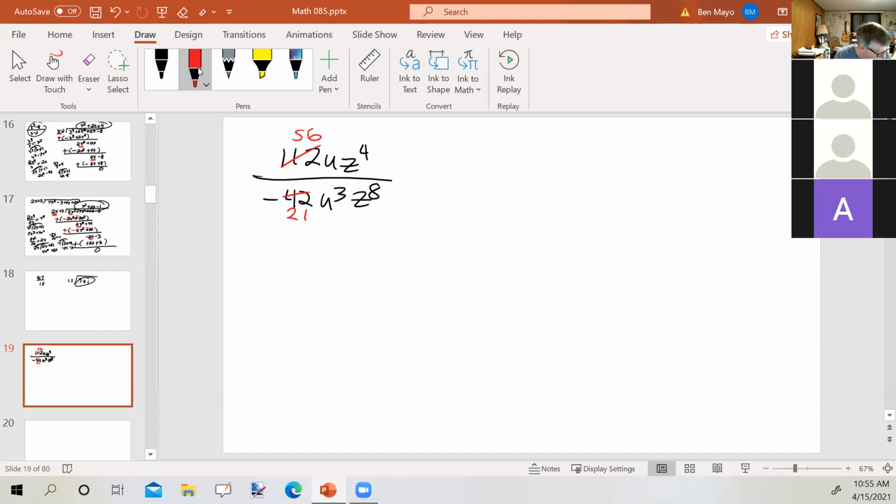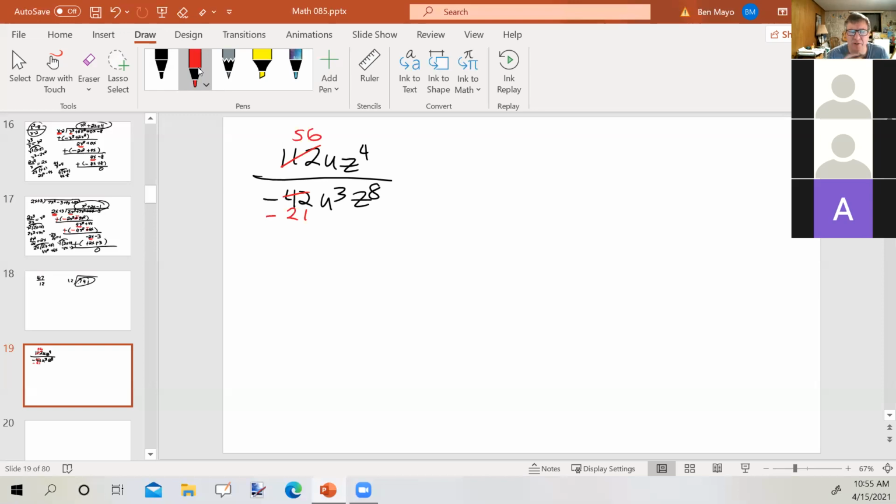Does that reduce any further? Can I take anything out of 56 that I can also take out of 21? Is there something that goes into both? Think of your times tables.